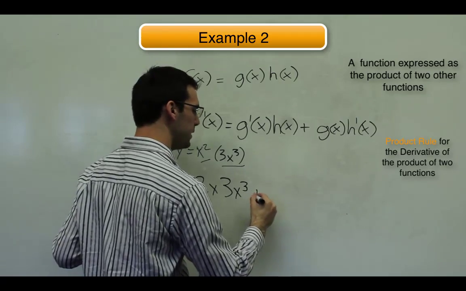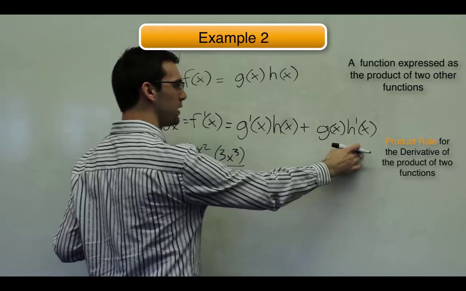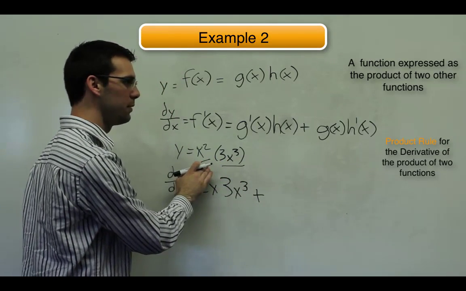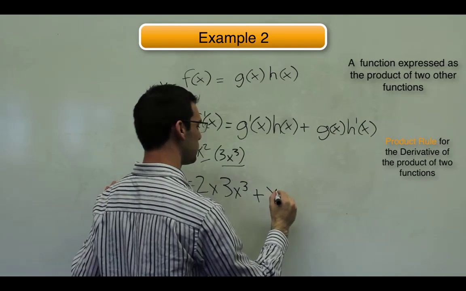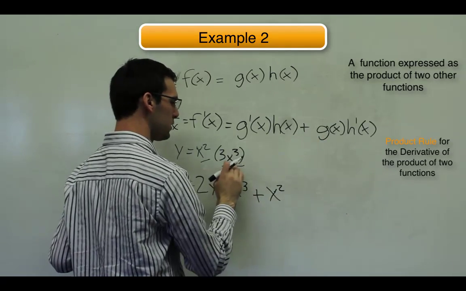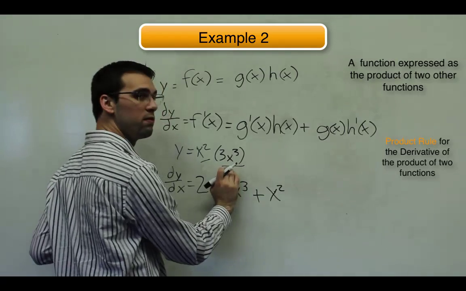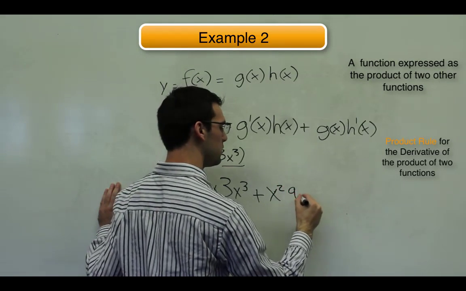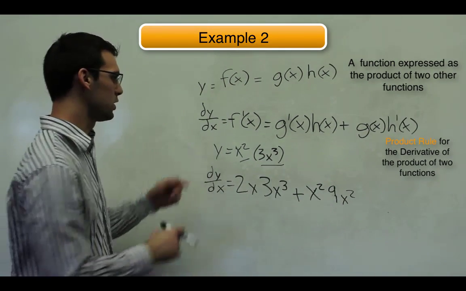And then we add to that g of x times h prime of x. So the first function, x squared, times the derivative of the second function. We take the derivative of 3x cubed, which happens to be 9x squared. And that's it for this function.